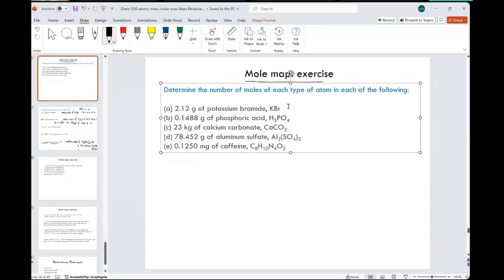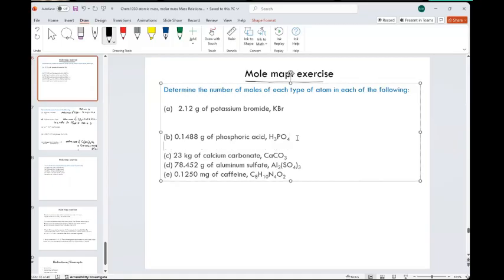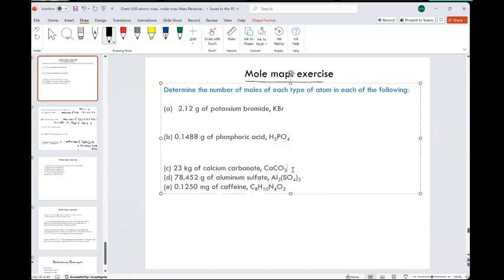So here you are given in terms of gram, example exercise for you.